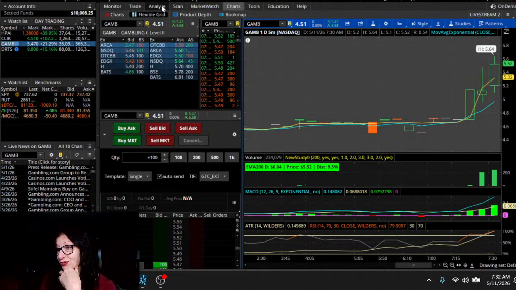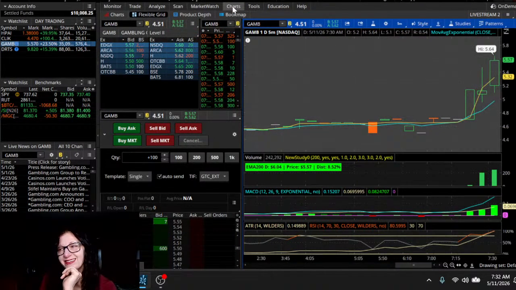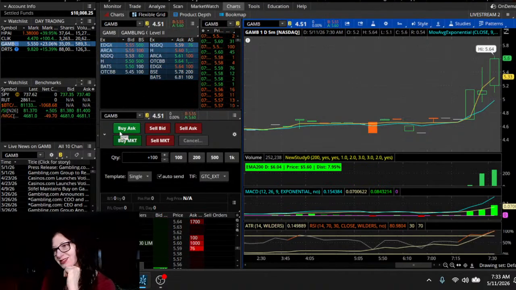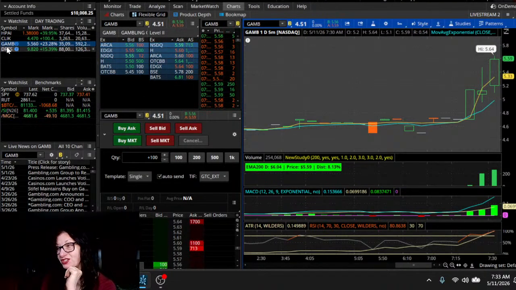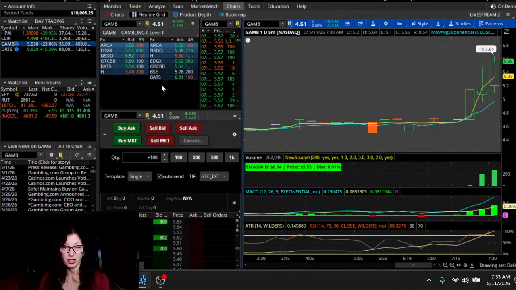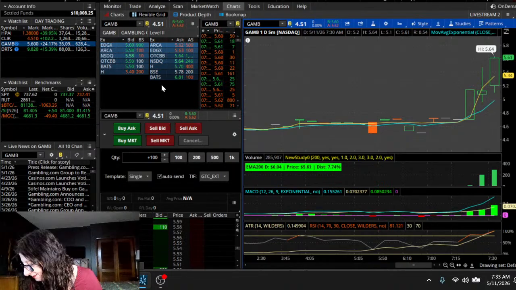It doesn't have news. It's easy to borrow on Thinkorswim. There might be downward pressure from the shorts. So we can watch it, but I probably won't trade it. It's not that I won't trade easy to borrow, but I want to see really good price action before I get in.